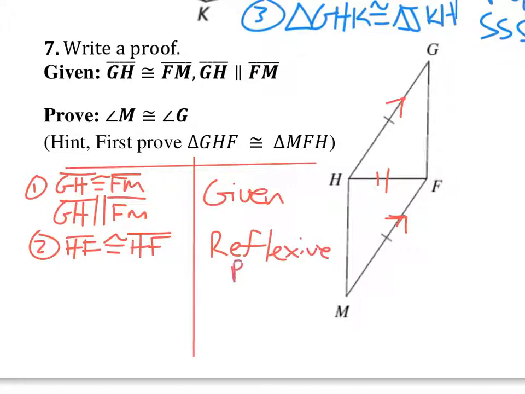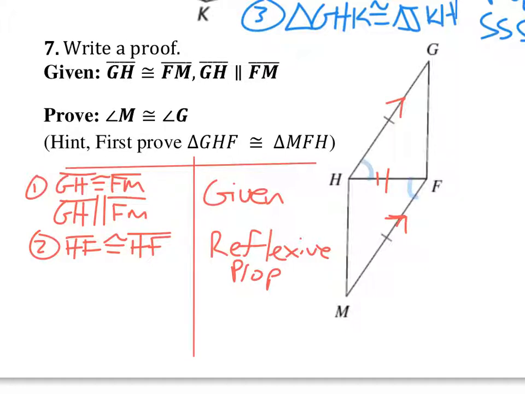And then whenever we have parallel lines, we'll be looking for alternate interior angles. So we have these parallel lines going on here. We've got this line, and there's our transversal. So where are the alternate interior angles? We've got these right in here, so we've got some alternate interior angles going on right here and here.